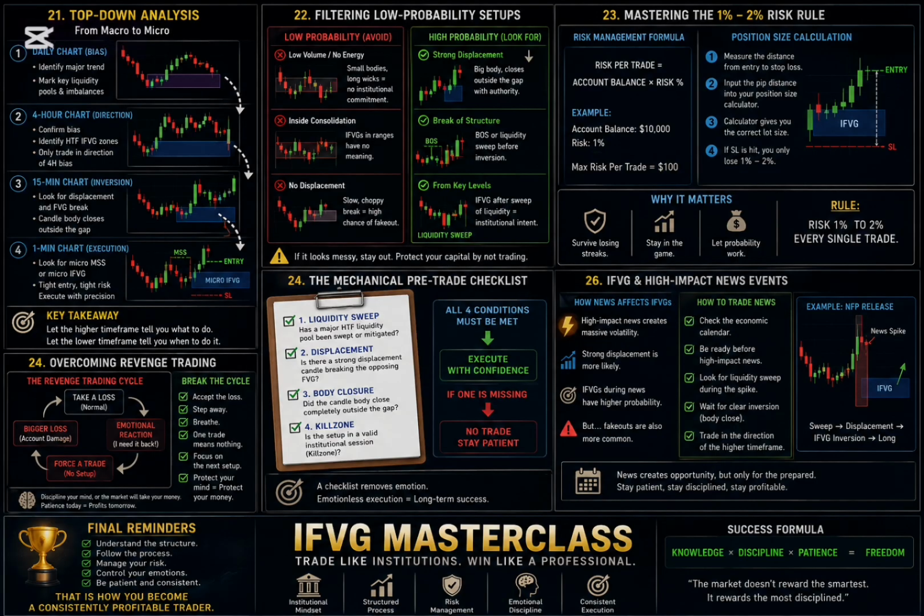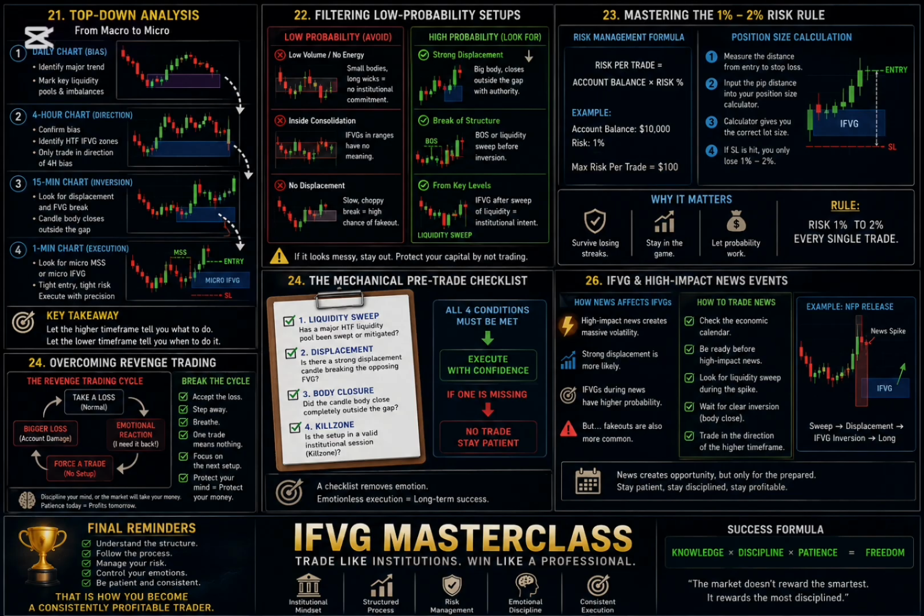Now let us dive into understanding how to identify low probability fair value gaps. Professional trading is all about filtering out the noise and taking high probability setups. A low probability fair value gap usually forms when the overall market volume is completely dead.